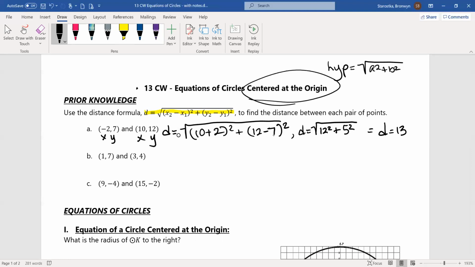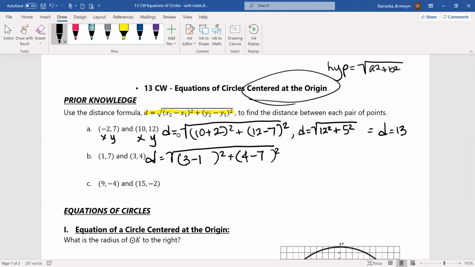Same idea here. So we have 3 minus 1 and 4 minus 7. On the second one, it's going to be negative 3, but negative 3 times negative 3. Remember that negative 3 is inside the parentheses.